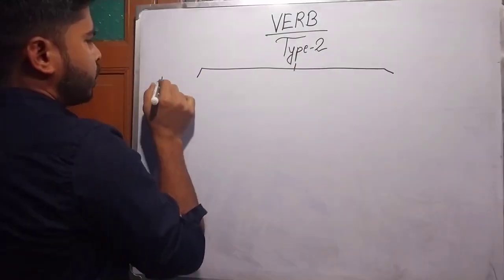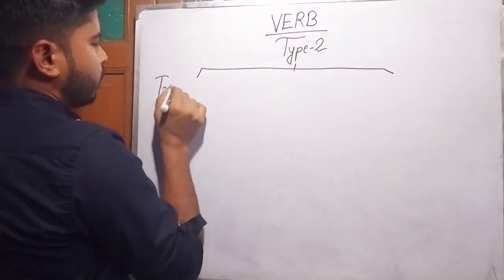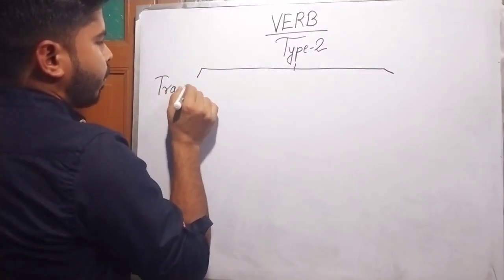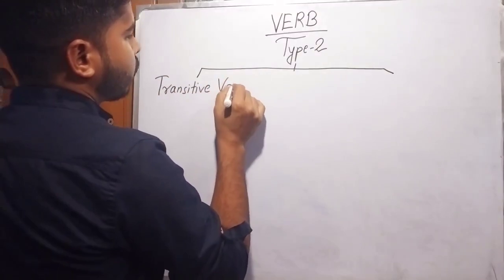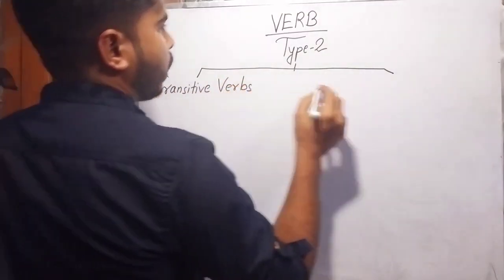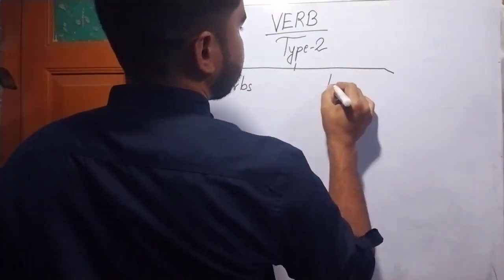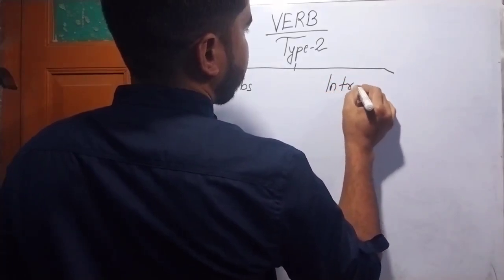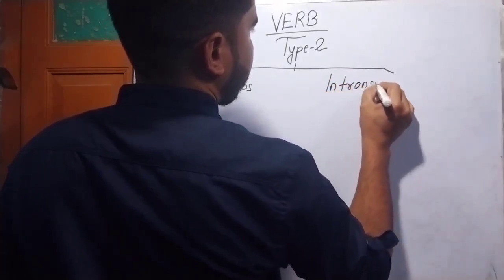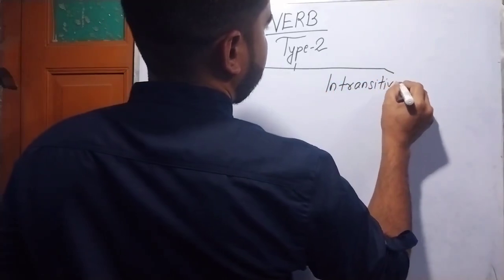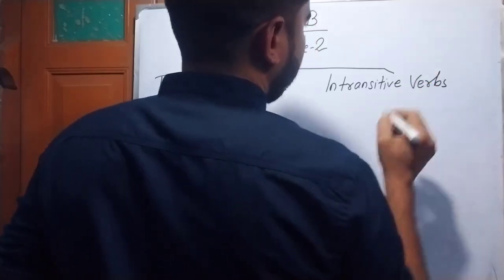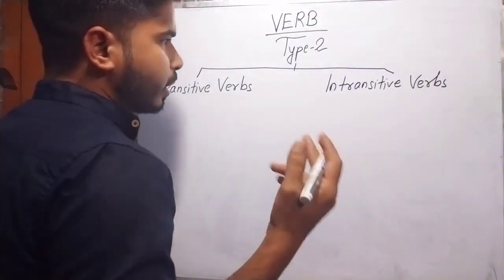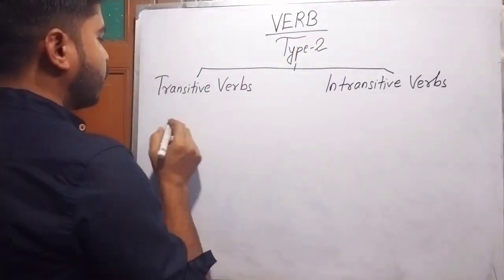Number one is transitive verbs, and the second one is intransitive verbs. So let's understand it easily in a simple way.